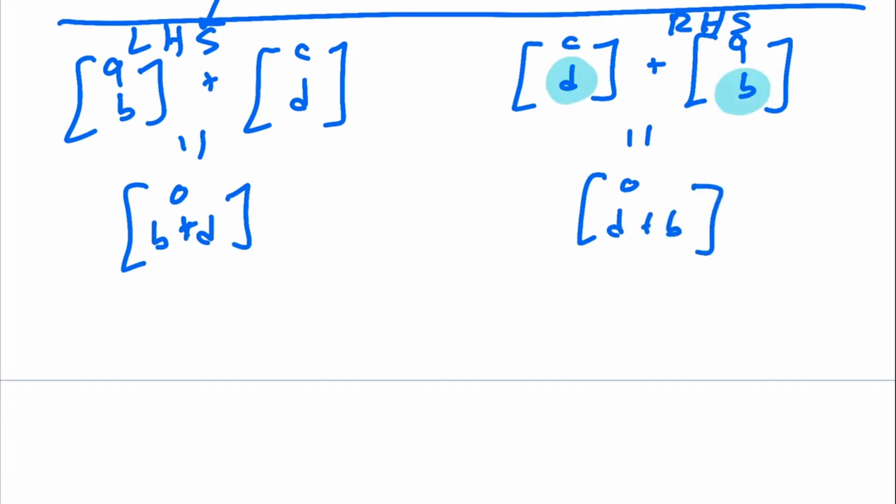And the question for us is, are these two things equal to one another? Is 0 b plus d equal to 0 d plus b? Yeah, right. I know that when I add two numbers, it doesn't matter about the order in which I add them, right? So this one is satisfied. This is property 5a. Does that make sense?